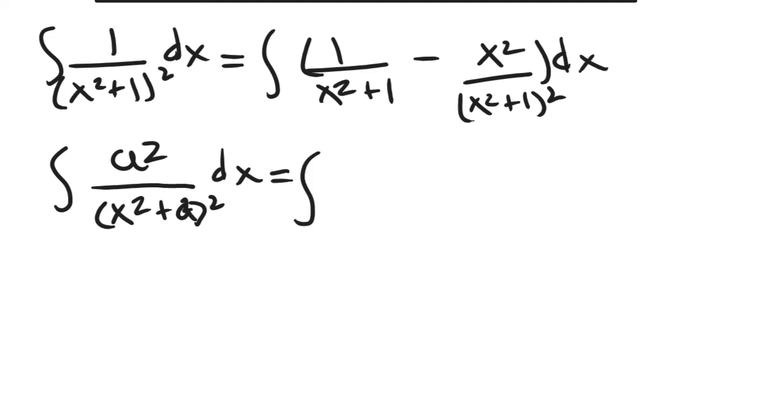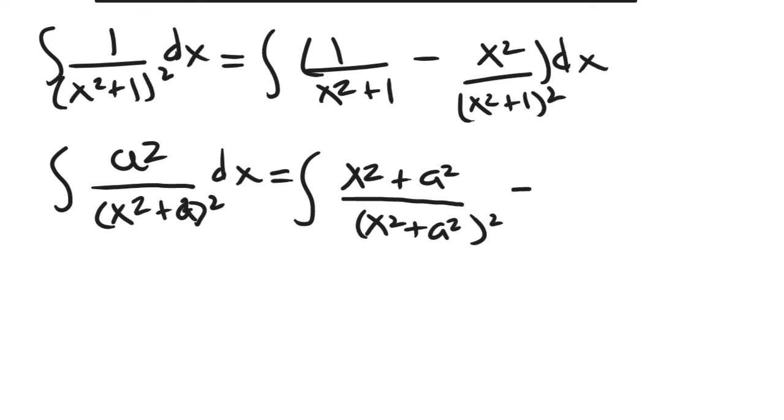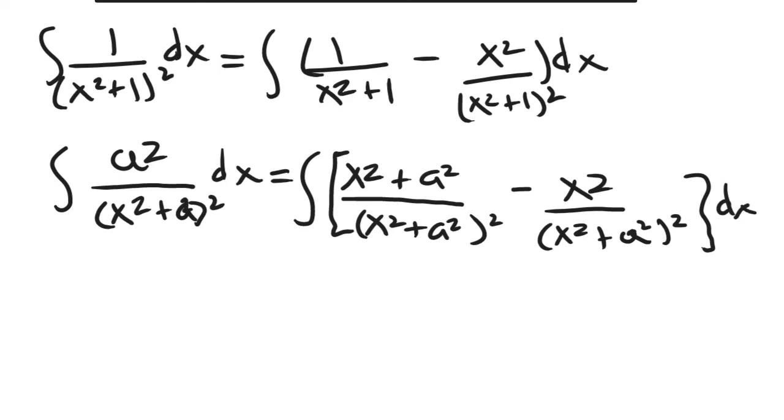It's x squared minus x squared. So you have (x squared plus a squared) divided by (x squared plus a squared) squared, minus x squared divided by (x squared plus a squared) squared, and we could probably just put a dx at the end.